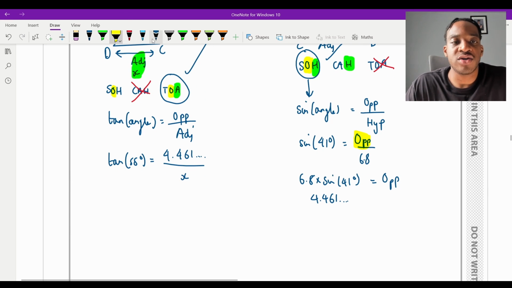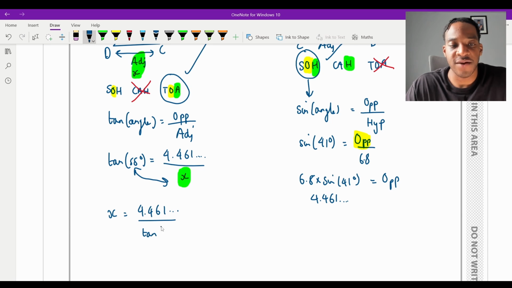Whenever you see an x on the bottom here, I'll put it in green, you can just swap it with this one. So therefore, it just becomes x is equal to 4.461 dot dot dot divided by tan 55. Algebraically, it's just the same as multiplying both sides by x and then dividing by tan 55. This is just a quick way to do it.